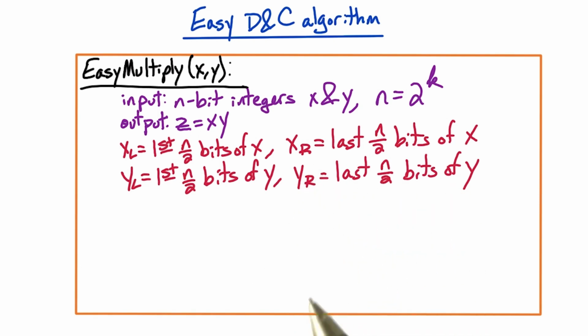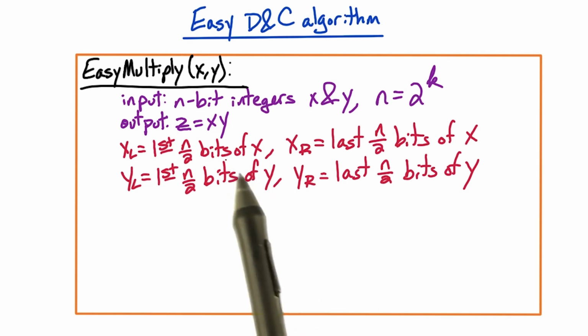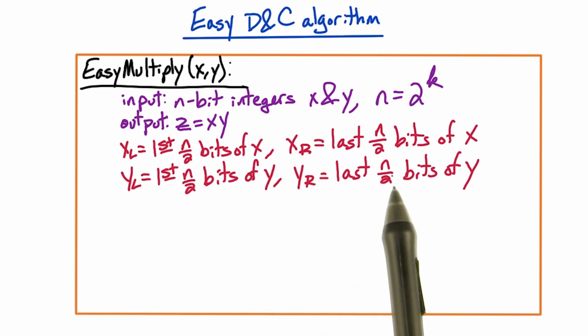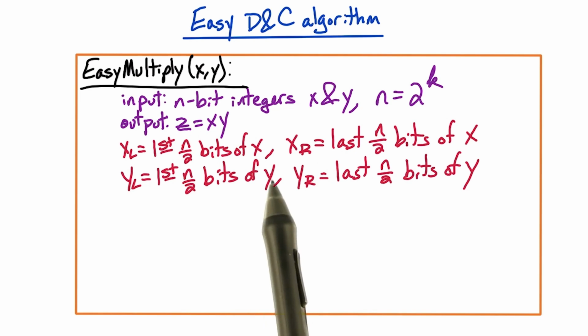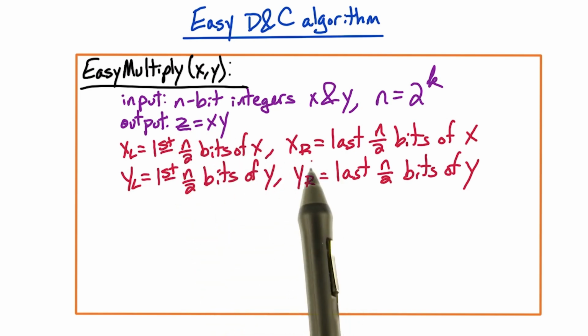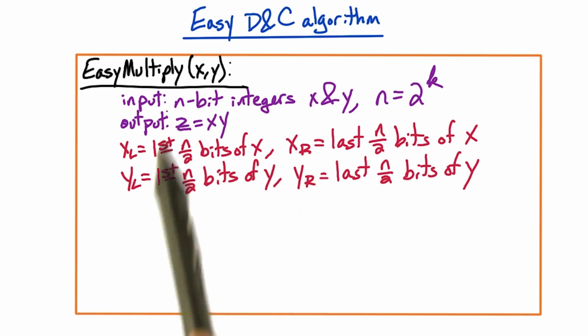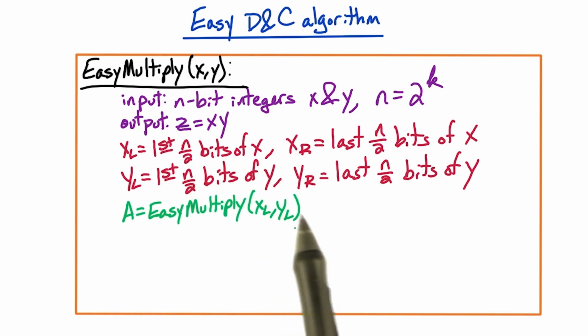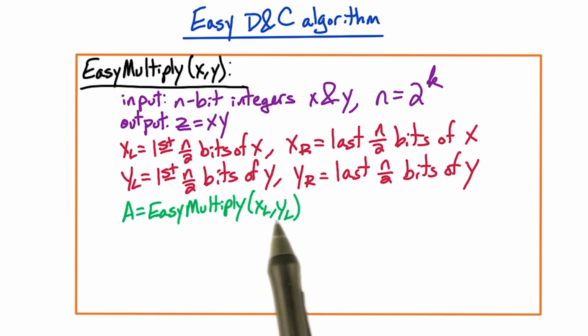Now what we can do is we can recursively compute the product of pairs of these n over 2-bit numbers. We have four n over 2-bit numbers. We're going to take particular pairs, recursively compute their product, and combine those together to get this answer z. The first pair of n over 2-bit numbers that we're going to use is xl and yl.